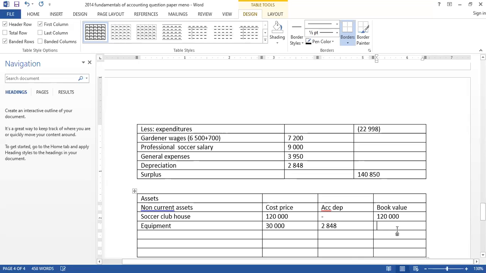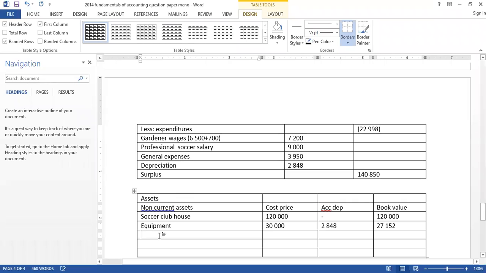So how much will be our book value? 30,000 minus 2,848. 27,152.